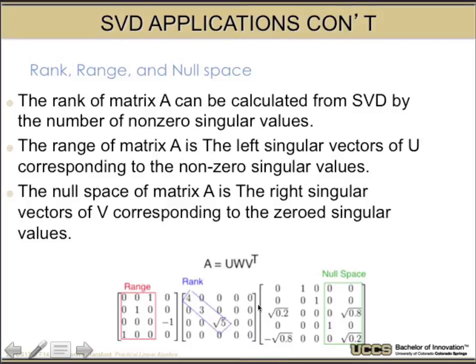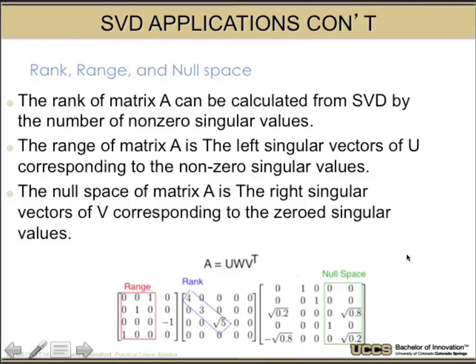In this case I actually drew it with an extra column. So what happens? Well, our rank is 3 because we have 3 singular values. The range of A is the 3 columns of U associated with the first 3 singular values, which are non-zero.